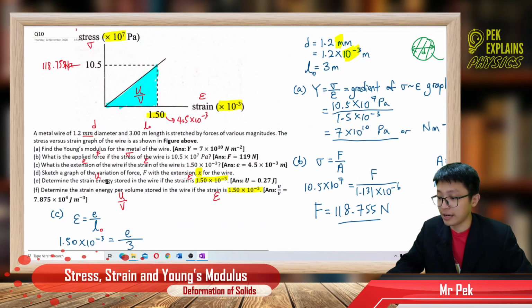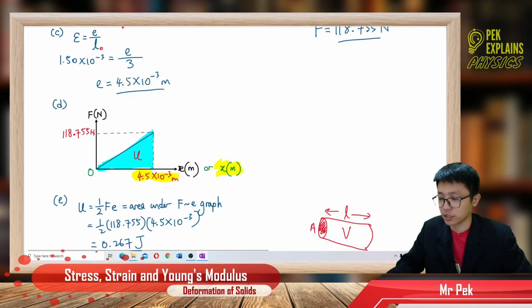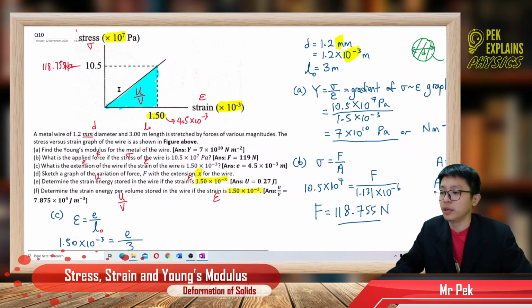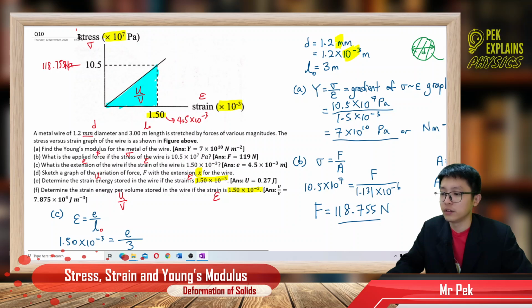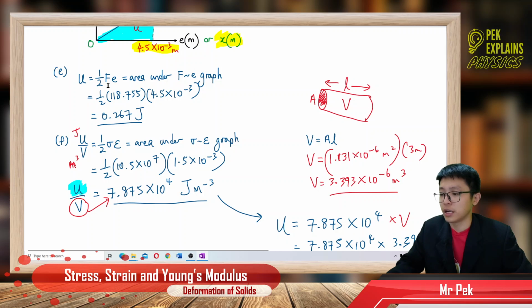The strain energy is the area under the force-elongation graph, and the strain energy per unit volume is the area under the stress-strain graph. So strain energy is half F times e, and strain energy per unit volume is half stress times strain.